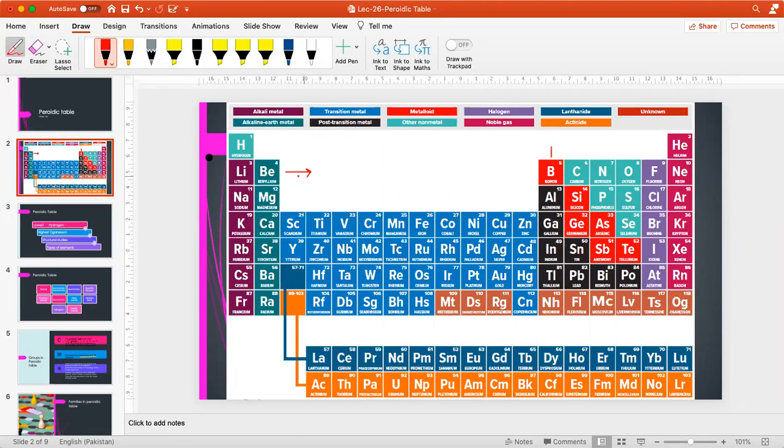Okay? Now if we come from top to bottom, you will see this is lithium and this is sodium. Now distribute the electrons: 3 in lithium. So 3 is the atomic number. First 2 electrons in the first shell and 1 electron in the second shell.